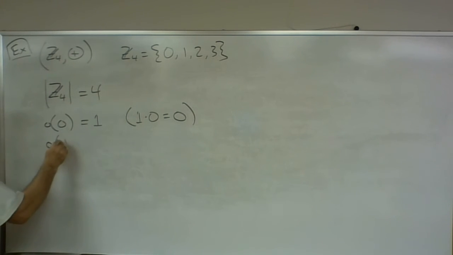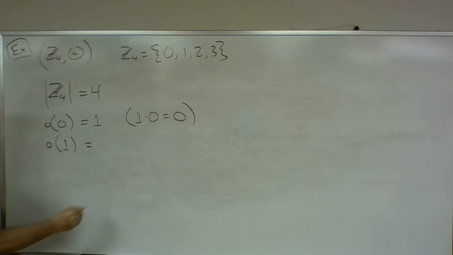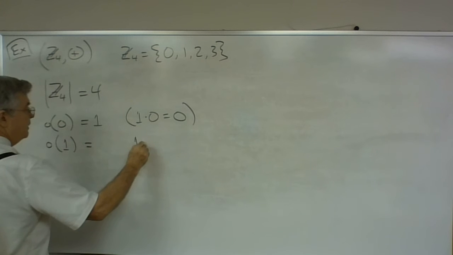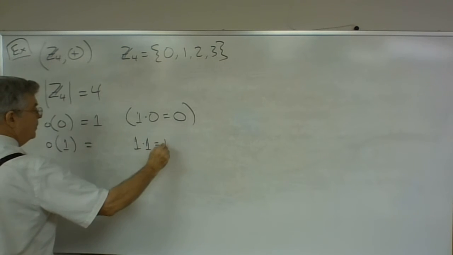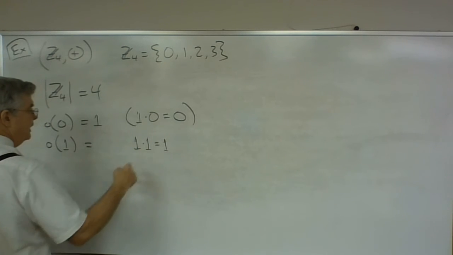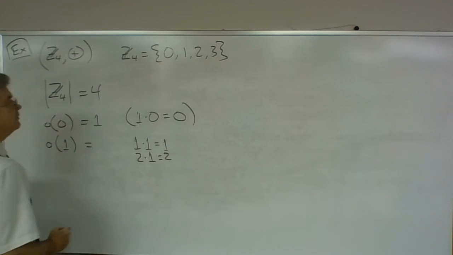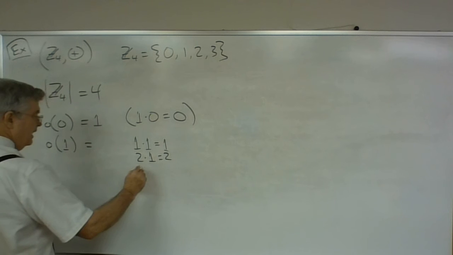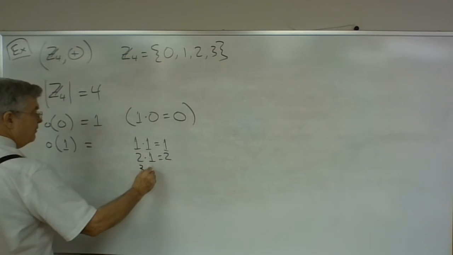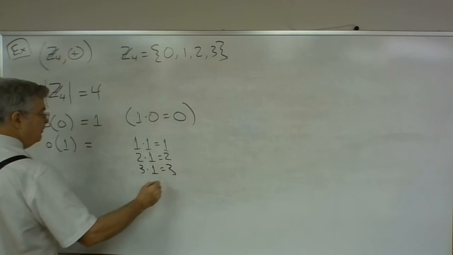Now let's look at the order of the element 1. We have 1 times 1 is equal to 1. Well, that's not the identity. 2 times 1 is equal to 2 mod 4. That's not the identity. 3 times 1 is equal to 3 mod 4.